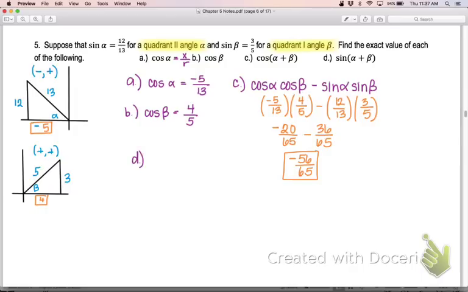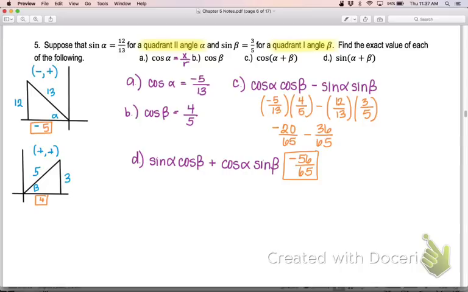The sine of alpha plus beta is going to be sine alpha cosine beta plus cosine alpha sine beta. And again, we just substitute.